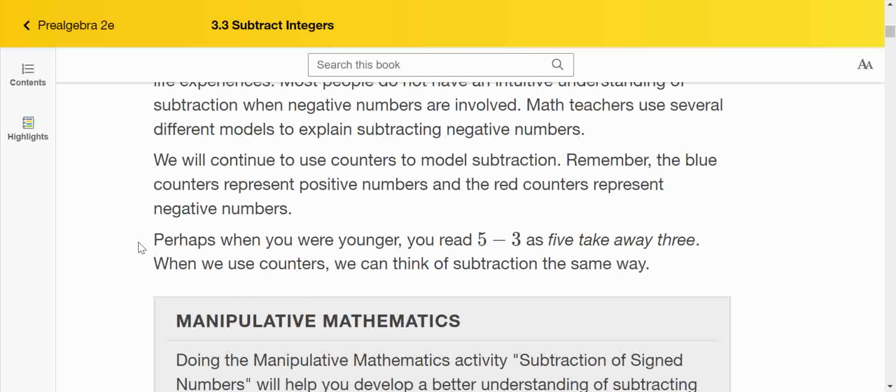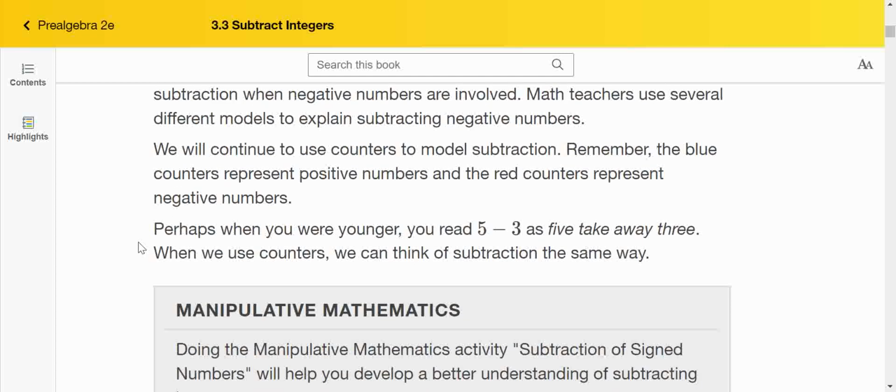We will continue to use counters to model subtraction. Remember, the blue counters represent positive numbers, and the red counters represent negative numbers. Perhaps when you were younger, you read 5 minus 3 as 5 take away 3.